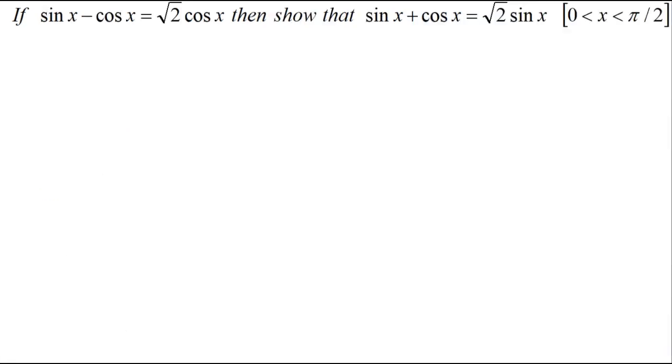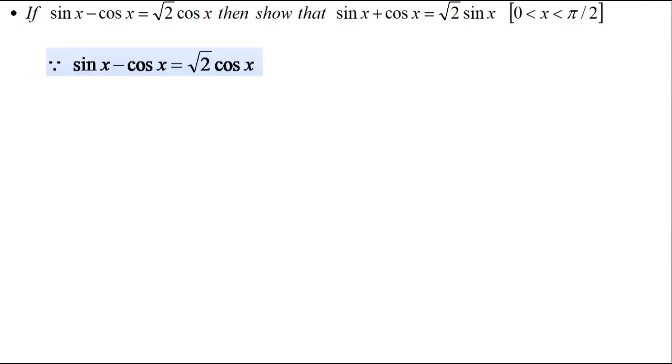The next problem is: if sin x minus cos x equals root 2 cos x, then show that sin x plus cos x equals root 2 sin x, where 0 less than x less than pi by 2. In the question this is given: sin x minus cos x equals root 2 cos x.